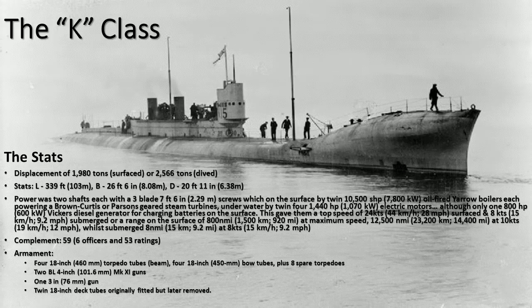Colossus class, 21 knots. They're doing well. Everyone's looking happy. Orion class, 21 knots. They're keeping up the battle fleet. King George V class, the original ones, 21 knots again. Everyone's still happy.